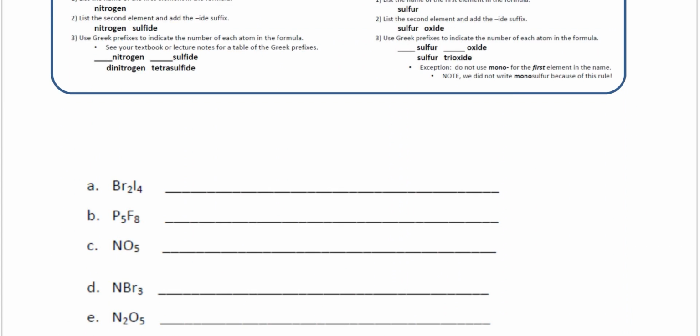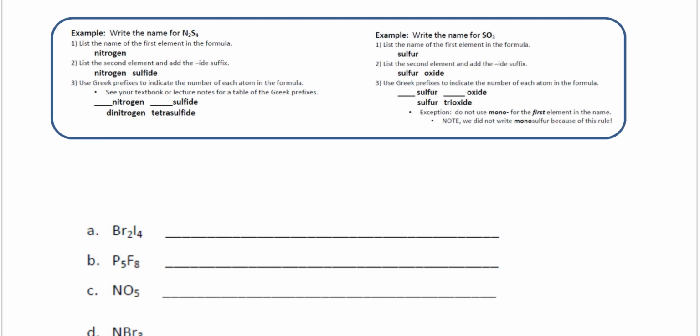Let's do some practice. I'll leave the rules up above, do the first couple, and then leave the rest for you. Naming a covalent compound, we first want to identify what kind of compound this is. Bromine is a nonmetal. Iodine is also a nonmetal. 2 nonmetals means we have a covalent compound.